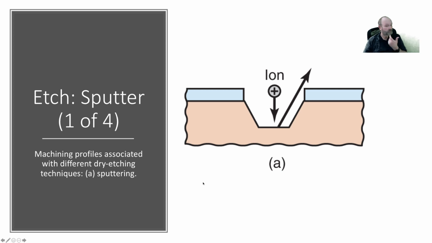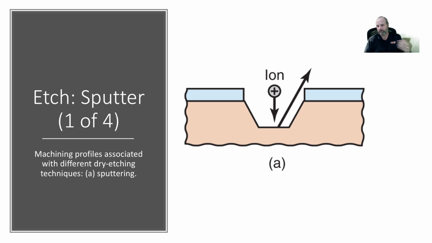So here's a cartoon of how sputter etching works. You have an ion, you accelerate it in some way, and that's usually through an electric field. So you make, let's say, an argon atom into an ion by stripping off an electron, so it's positively charged, and then you can put a large electric field inside the chamber, and it accelerates the ion towards the wafer surface.